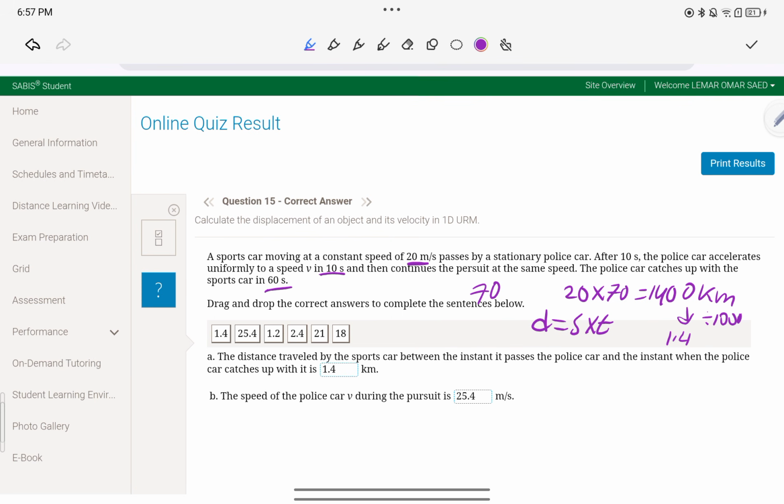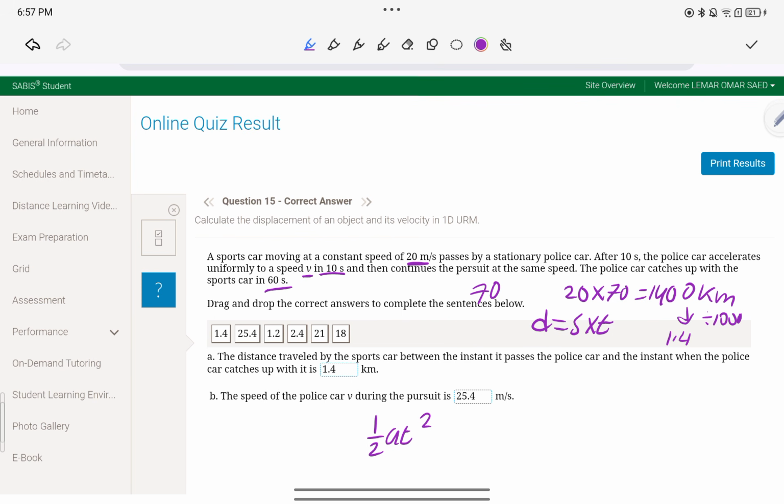Look. So you're going to use 1 over 2 AT squared. Okay. Look, it first accelerates from 0 to V in the first 10 seconds. Okay?